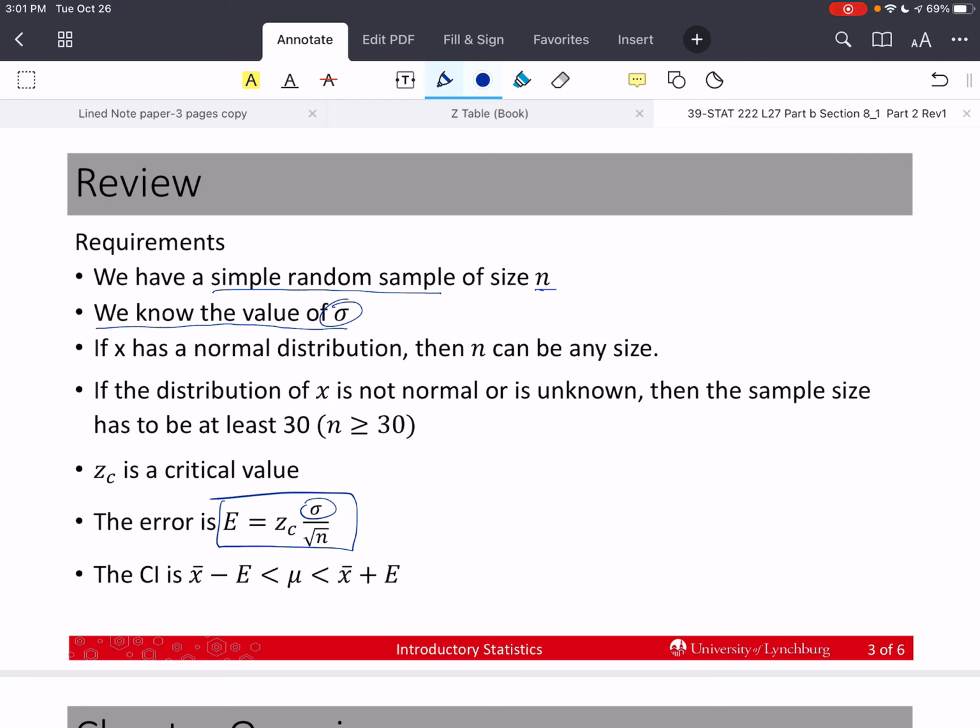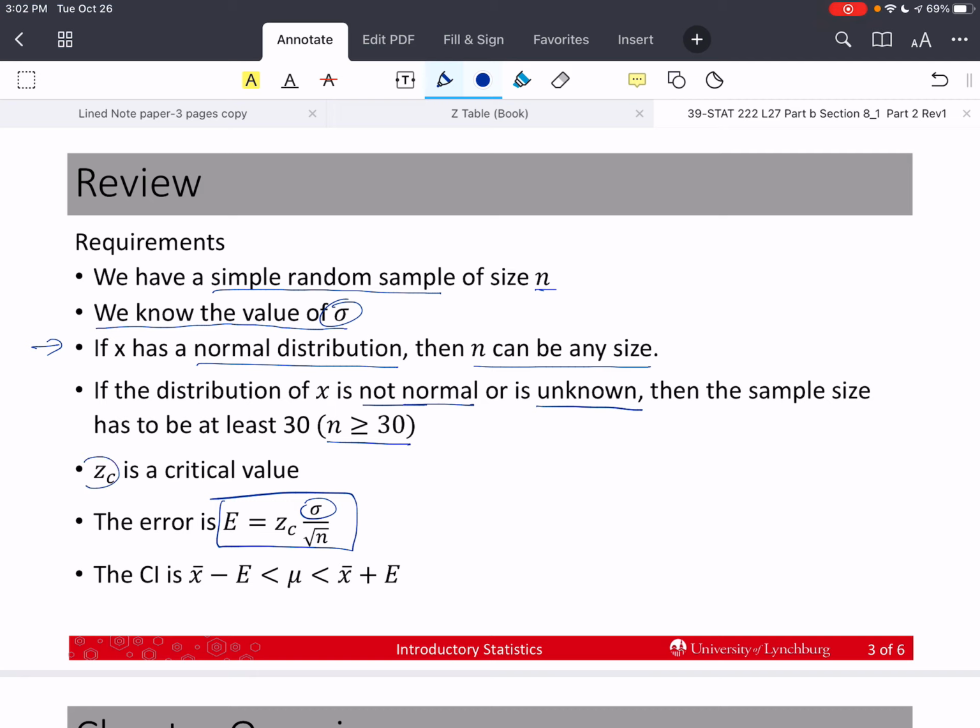We also said that we have to know something about the distribution of the random variable x. If it's normally distributed, then we can have a sample size of any size, any value. However, if x is not normal, or if we don't know the distribution of x, then we need at least 30 for our sample size.